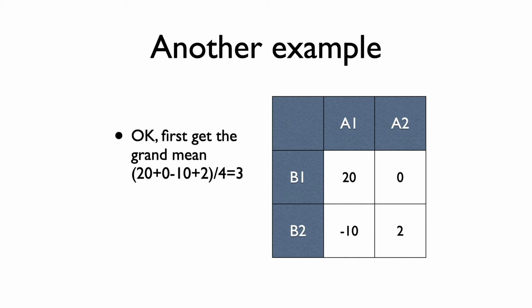Let's get the grand mean. 20 plus 2 is 22, minus 10 is 12. So it's 12 divided by 4, which equals 3. So we're going to take 3 out of every single cell. Oh, look, we already have this set up, which is nice.